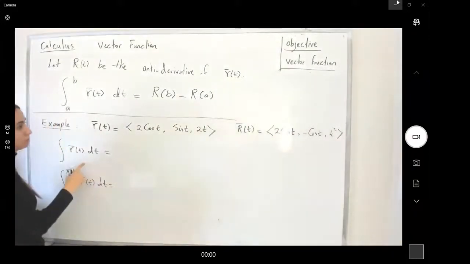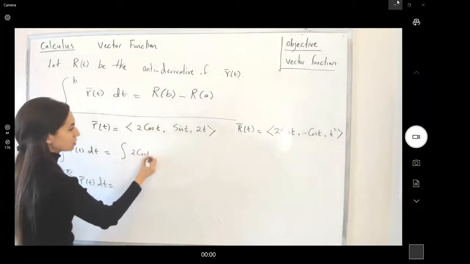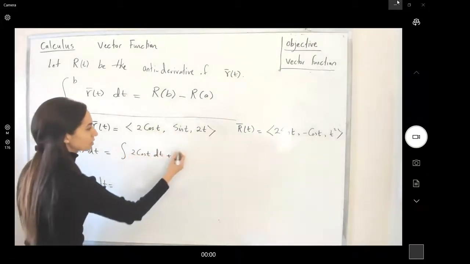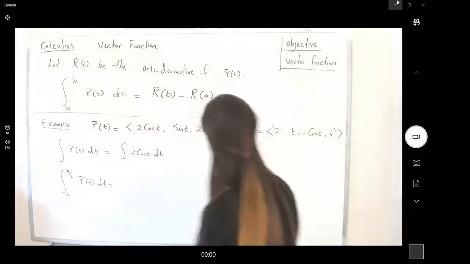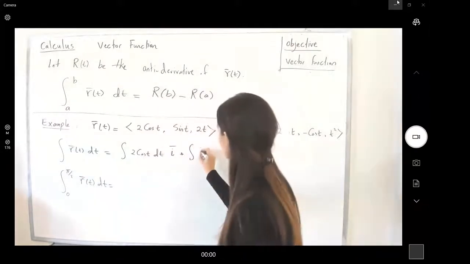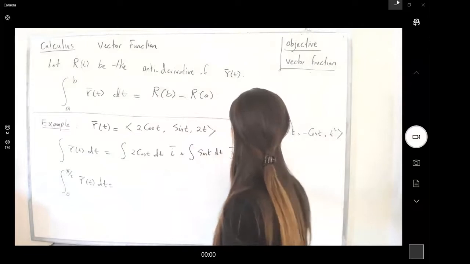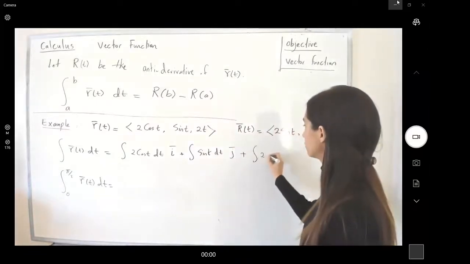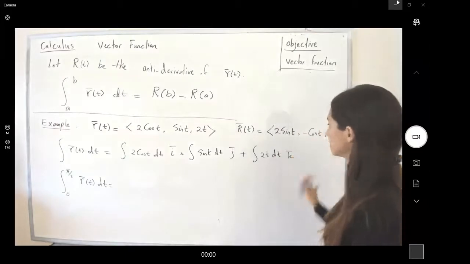So this integral is equal to the integral of 2 cosine t dt in the direction of the x-axis, so let's use i, j, k as well, plus the integral of sine t dt in the direction of the y-axis plus the integral of 2t dt in the direction of the z-axis.